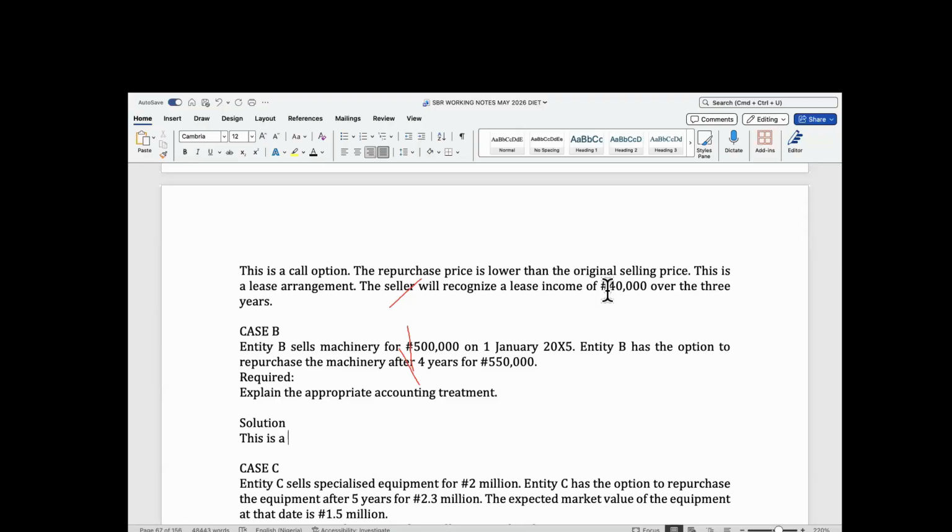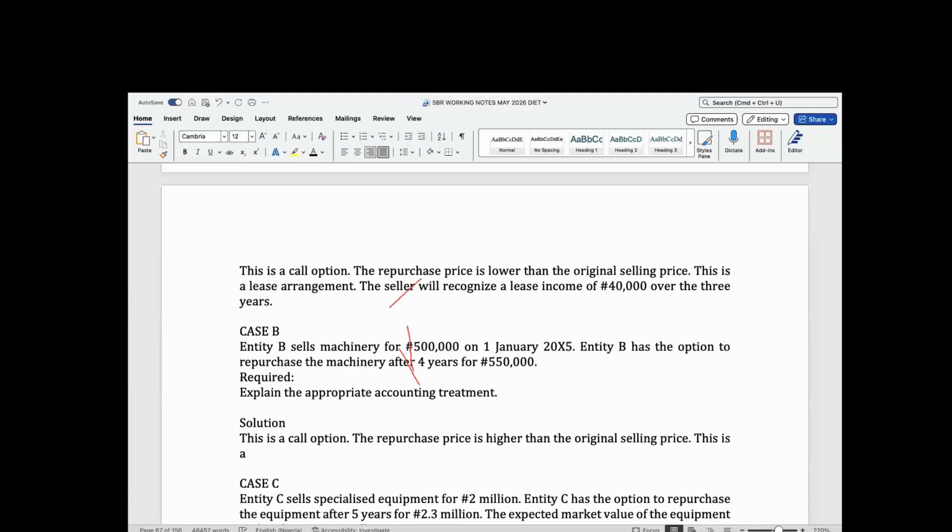So now in this case, this is a call option, and the purchase price is higher than the original selling price. So is this a lease arrangement or a finance arrangement? Finance arrangement. Good. So this is a financing arrangement.